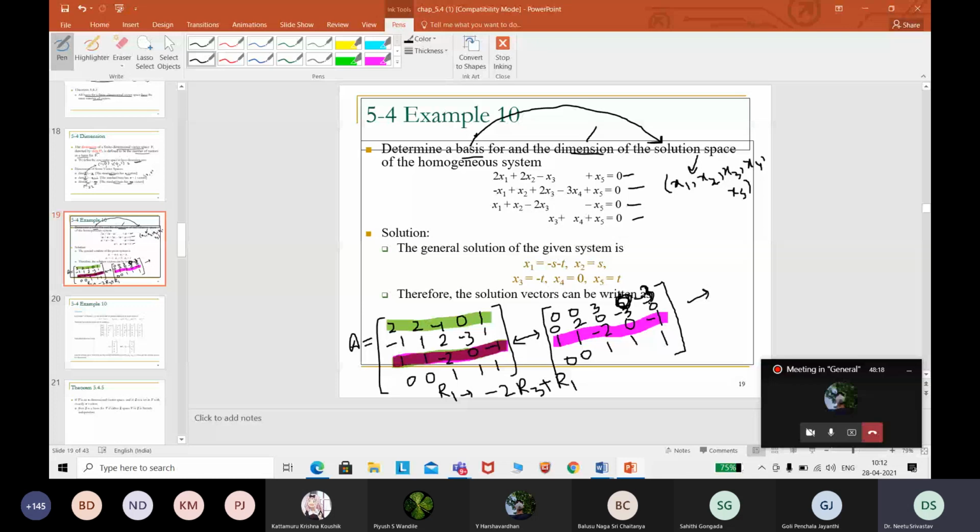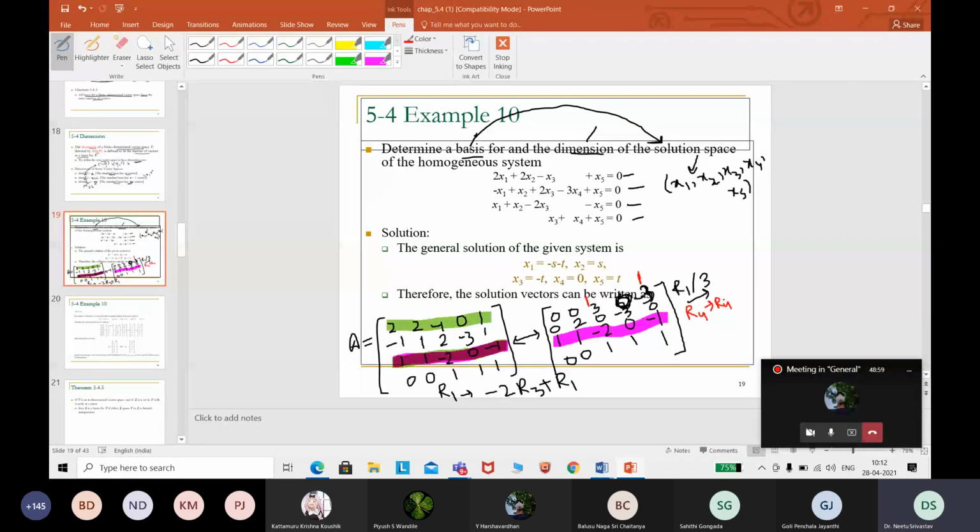I'll write with the orange pen. Instead of 3, it will become 1, here also and here also, correct? Then I can implement another transformation, R4 tends to R4 minus R1.